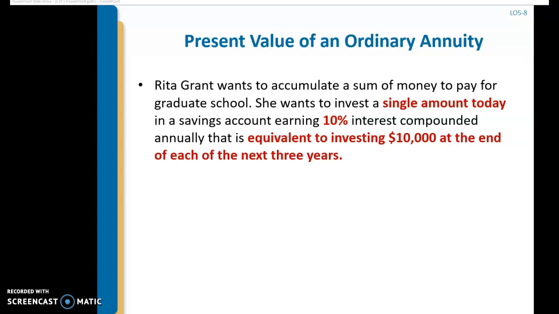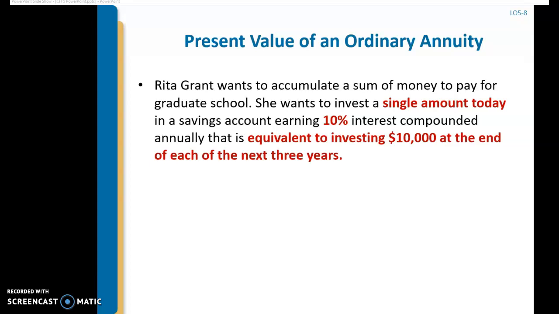Here's an example. Rita wants to accumulate a sum of money for graduate school. She wants to invest a single amount today in a savings account, earning 10% interest compounded annually, and that amount would be equivalent to investing $10,000 at the end of each of the next 3 years.